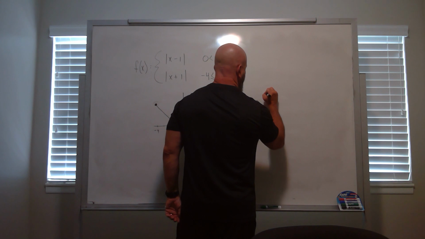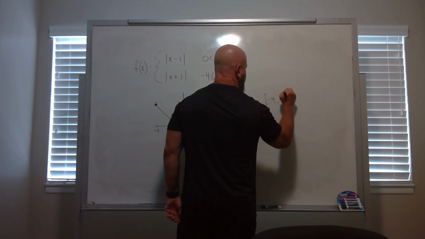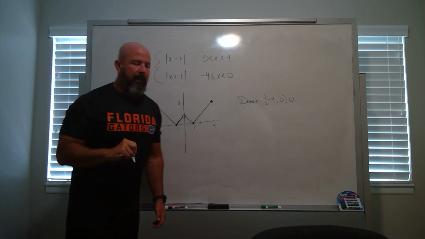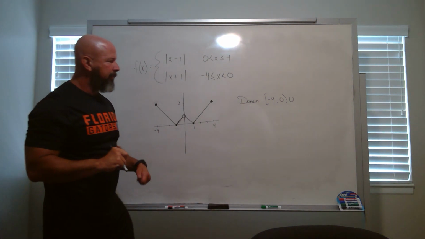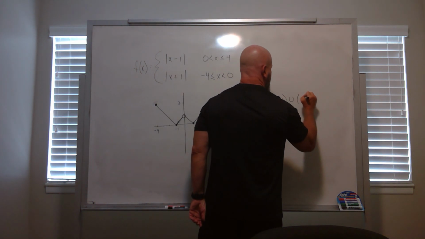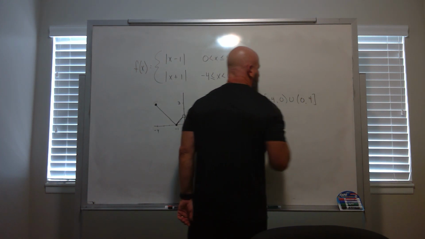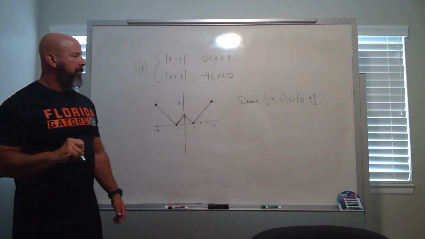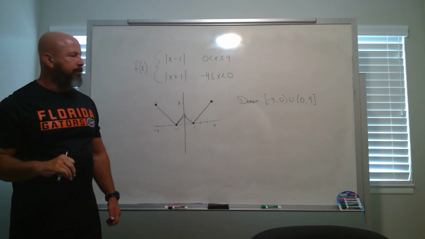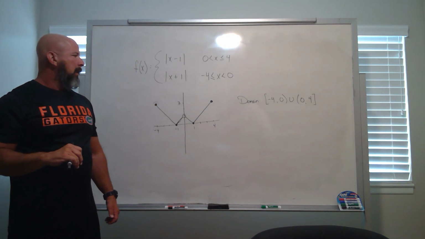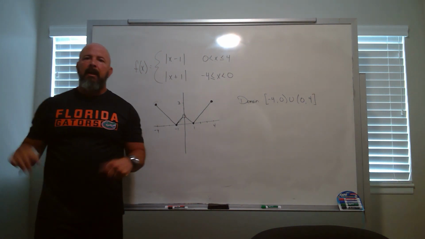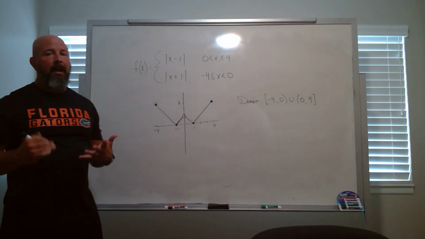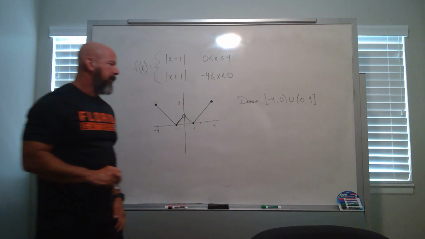The way I can write that is negative 4 to 0, parenthesis on the 0 because I'm not including it, bracket on the negative 4, union 0 to 4, and again, parenthesis on that 0, bracket on that positive 4, and that gives me that domain value. You could write it out in words and say all x values between negative 4 and 4, excluding 0. We've got to make sure we've got 0 left out.